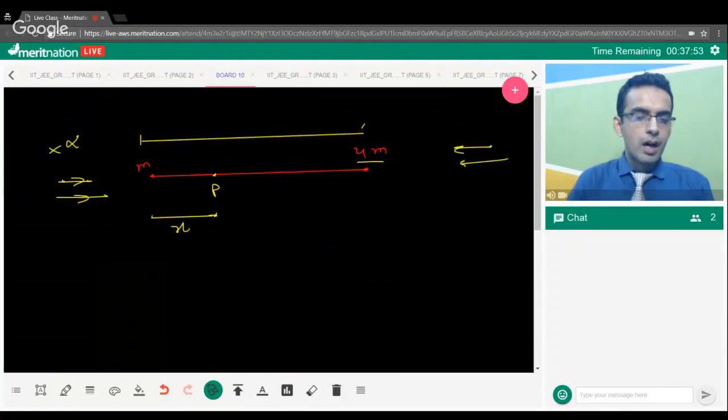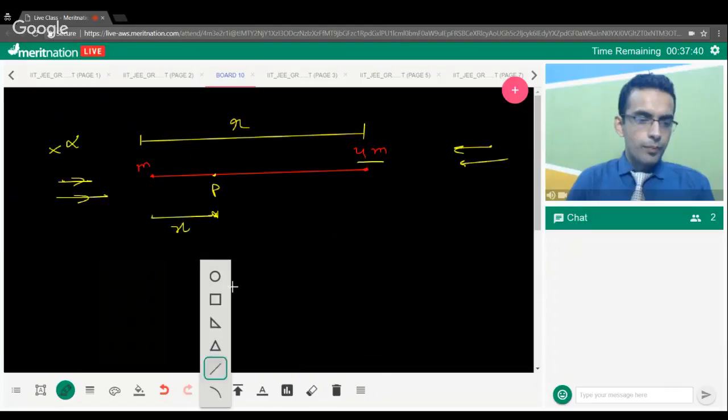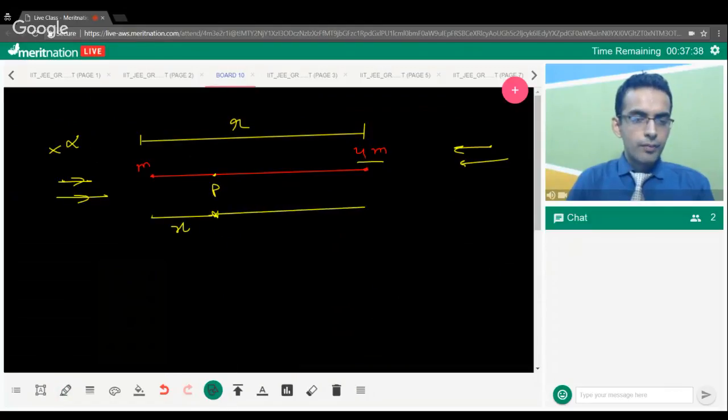So the distance between point P and 4m will be r minus x.